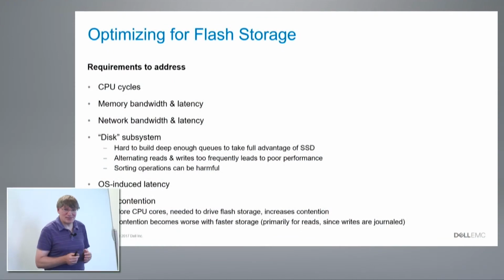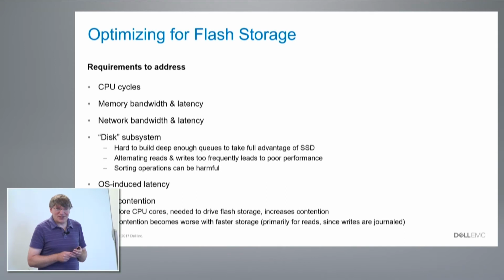We support much more complex operations coming in from clients, and so we spend a lot of CPU to deal with things like ECC and so forth. And that matters a lot more when you have flash, because if you're getting 100,000 operations per second out of your flash drive, that's roughly on the order of 20,000 CPU cycles per operation. And if you're taking much more than that, then you're worse than doubling the overhead of going out to disk. Memory bandwidth became an issue for us.